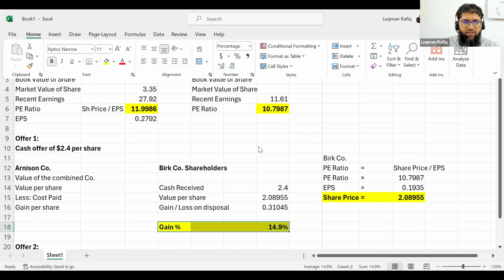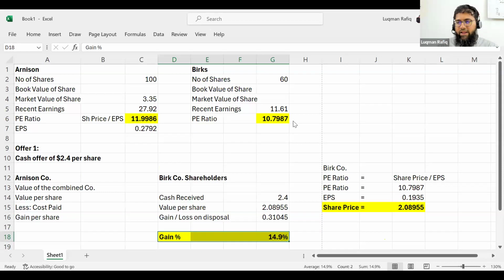That's one answer, because the examiner says that under each offer, you have to establish how much percentage gain they are getting.